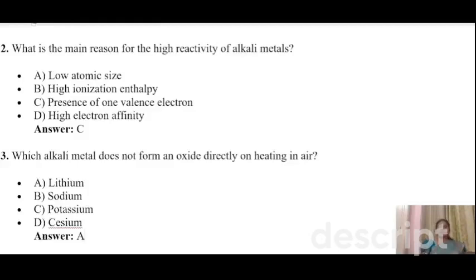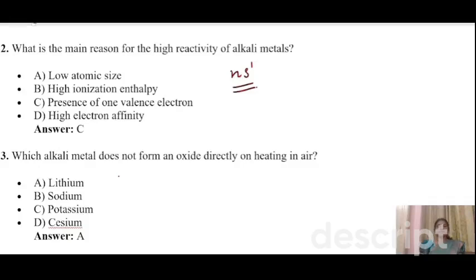What is the main reason for the high reactivity of alkali metals? Why are they highly reactive? Again, the same reason: the outermost electronic configuration is ns1. All elements want to attain the stable electronic configuration of the most stable elements of zero group, that is, the noble gases.